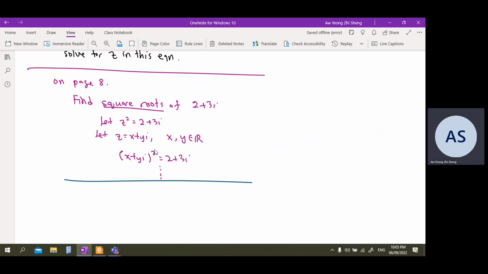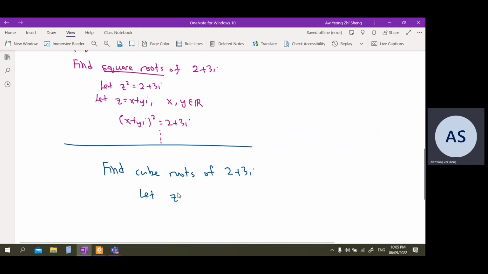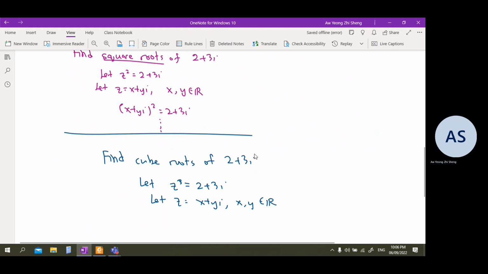For example, when finding cube roots of 2 plus 3i, if you use the same method, you let z cubed equals 2 plus 3i, then let z equals x plus yi, where x and y are real.